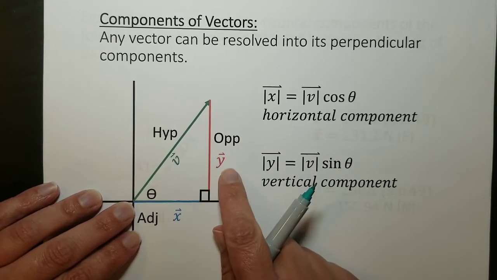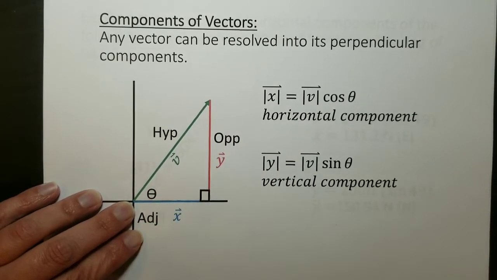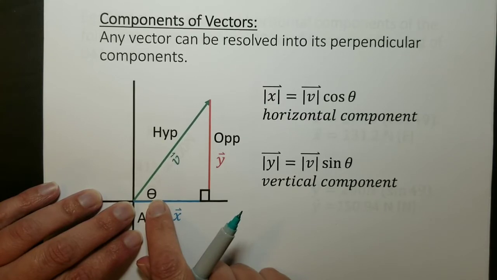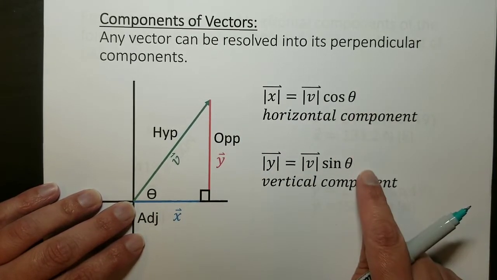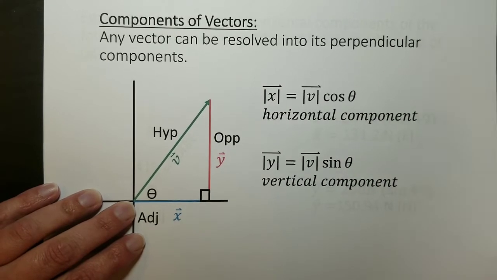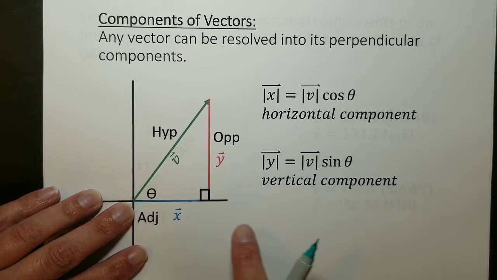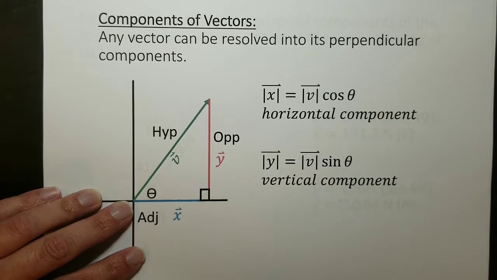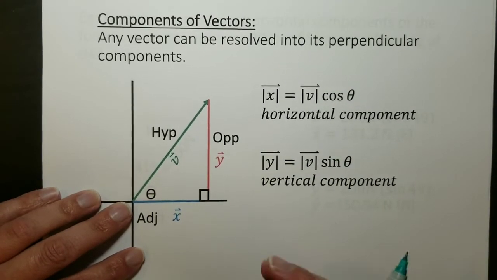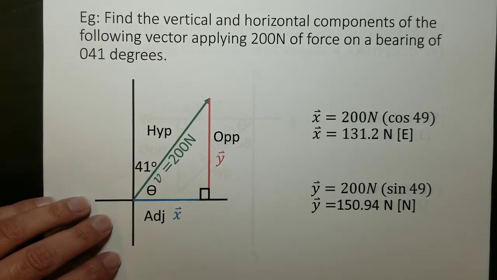If we know the X and Y components, we can figure out the magnitude of the vector and the angle that it makes. And likewise, if we know the angle, we can figure out the XY components just using SOHCAHTOA. So if you see something about components of vectors, those are 2 vectors, typically in the X and Y directions, that can be added together to come up with the total sum vector.